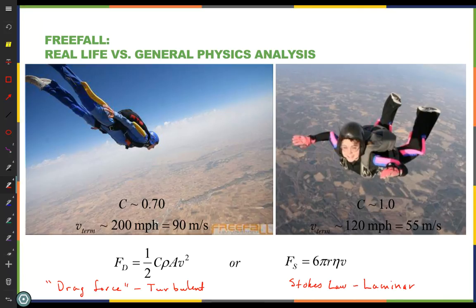Okay, two more slides before I start with rotational motion. One about real life versus the idea we've been talking about with free fall. I've mentioned multiple times that in real life, you have air resistance. And the air resistance depends on the type of fluid flow.